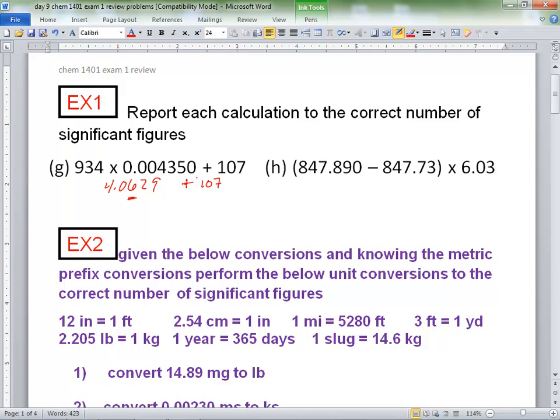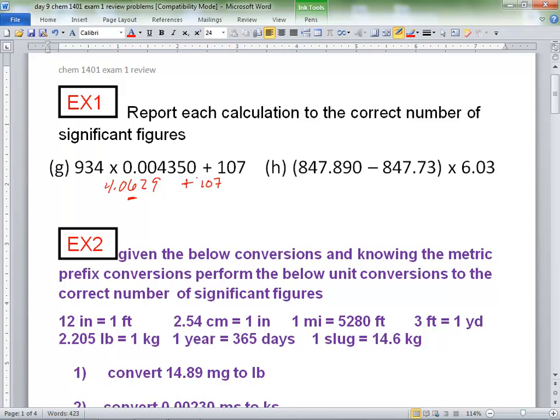Multiplying and dividing was you pick the one with the smallest number of sig figs. Adding and subtracting, anybody remember? What'd you do? Fewest decimal points, kind of. That's one way to look at it. I look at it as fewest decimal points, exactly right.